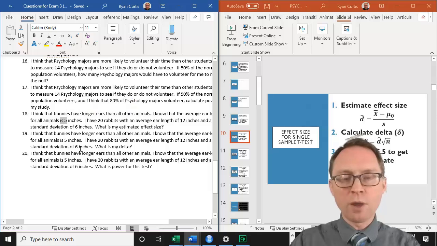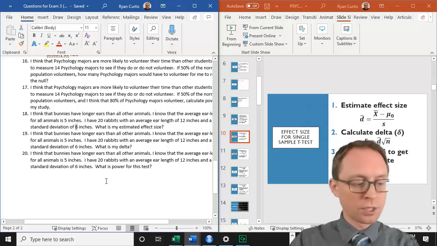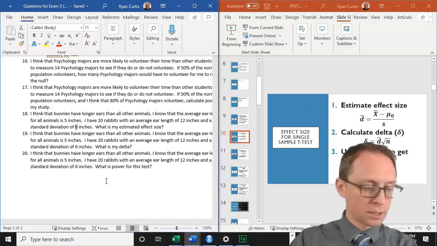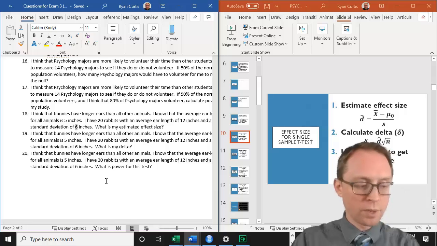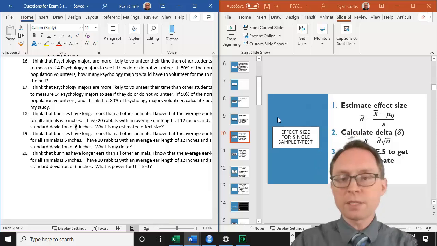So 12 minus 5 is going to give us 7. Okay, 7 divided by the standard deviation of 6 equals 1.17. So our estimated effect size is 1.17.